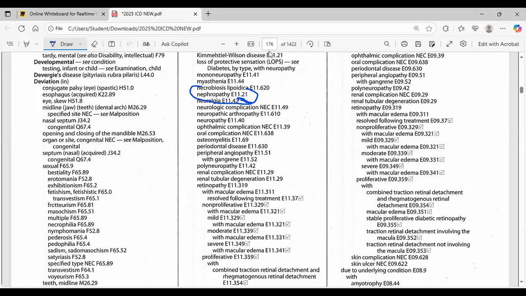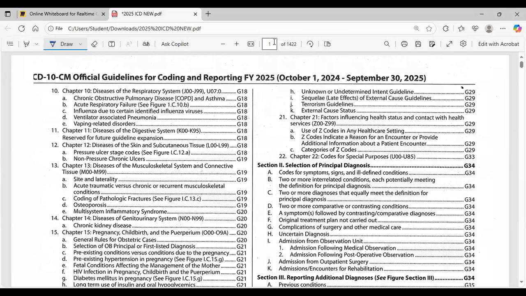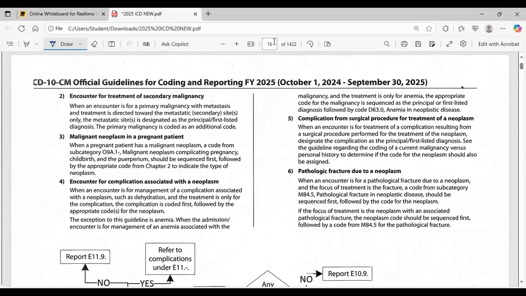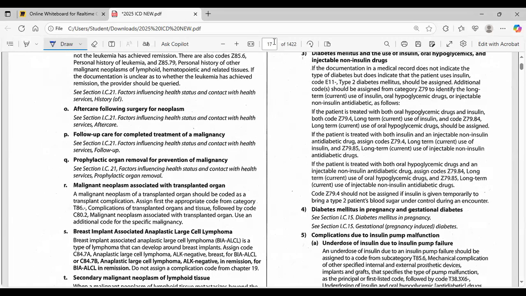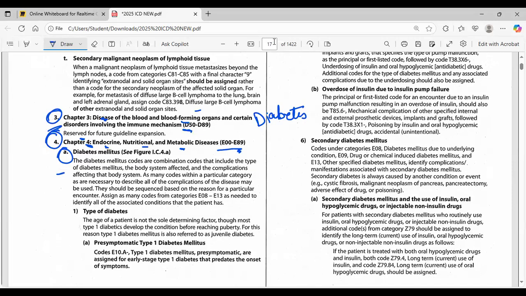Okay. Now let's get back to the guidelines. So these are the guidelines. The first one is that for diabetes mellitus, we have combination codes that describe the type of diabetes as well as any further complications or manifestations with the diabetes.